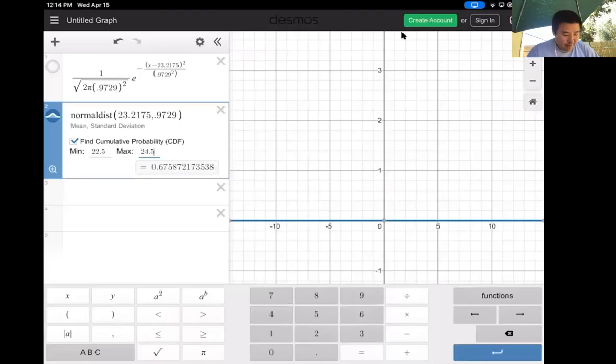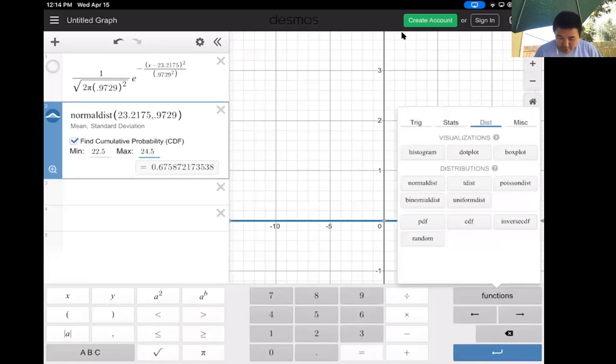Okay, everyone. So what you want to type in is this function button right here, normal distribution, and then you type in the mean and then the standard deviation, and then you check off cumulative probability, and then you type in 22.5 and 24.5.